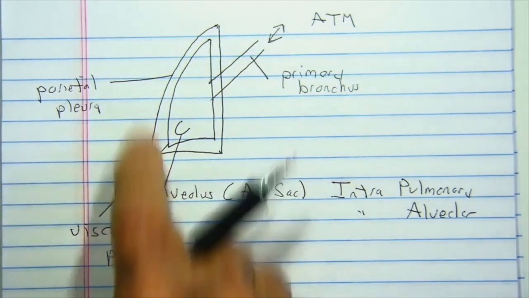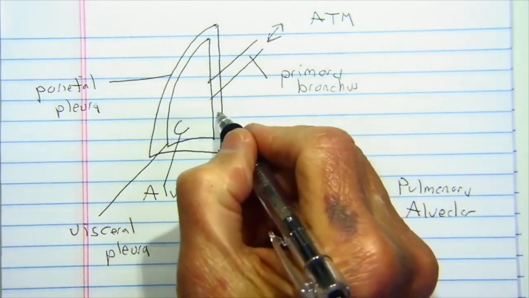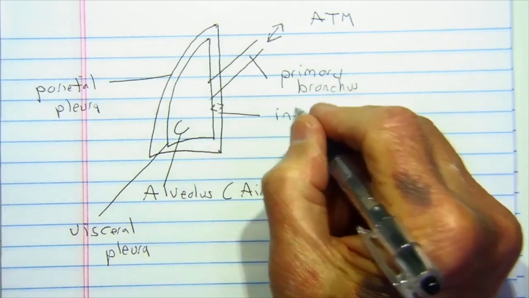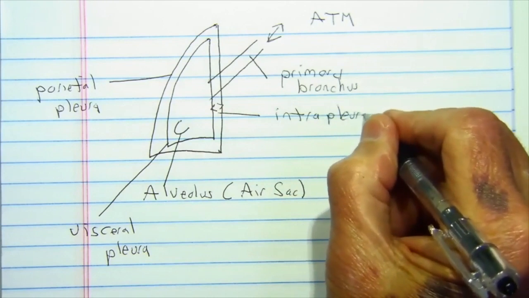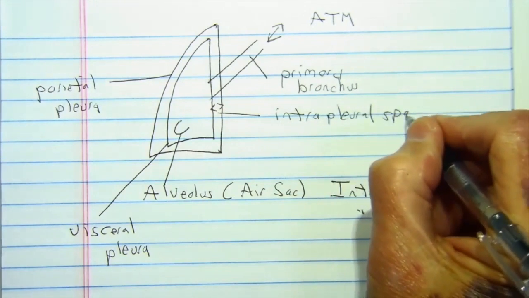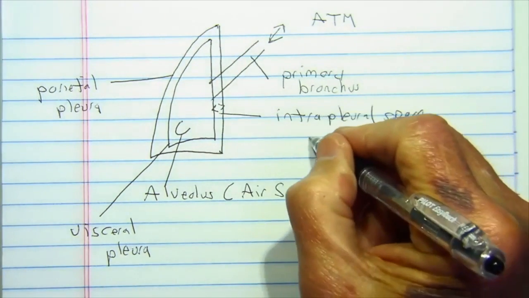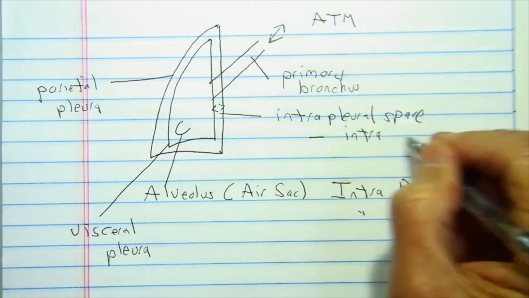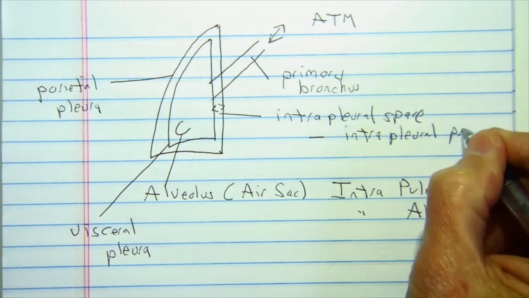And therefore, the space in between the two is going to be called the intrapleural space. And therefore, that's going to give me my third pressure of respiration, which is again my intrapleural pressure.